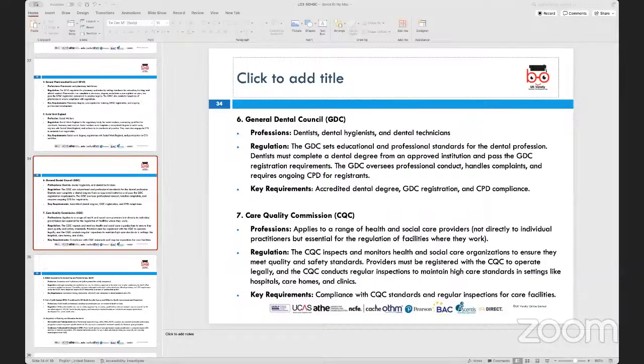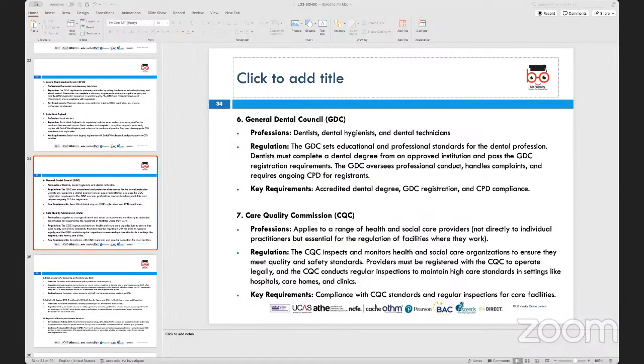It is a non-government body, or a semi-government body based in England, and it basically looks at ensuring that health and social care services are safe, effective, and obviously provided as per the legislation and acts which have been set within this particular sector.